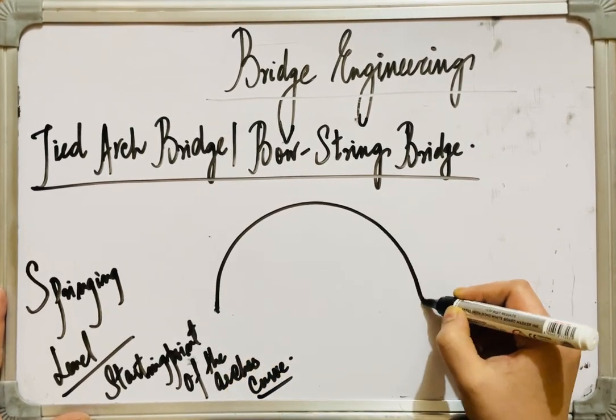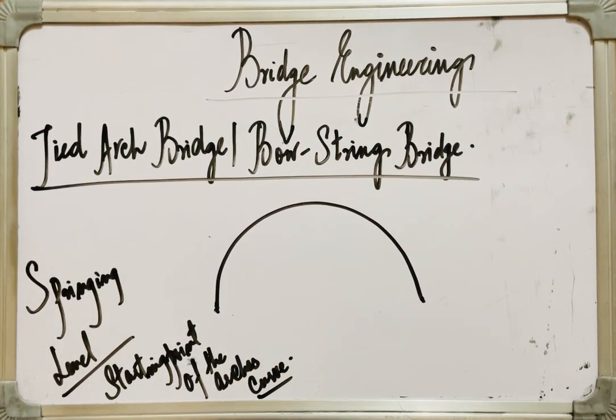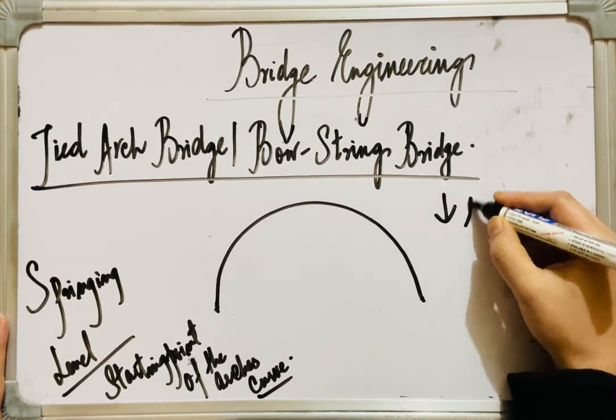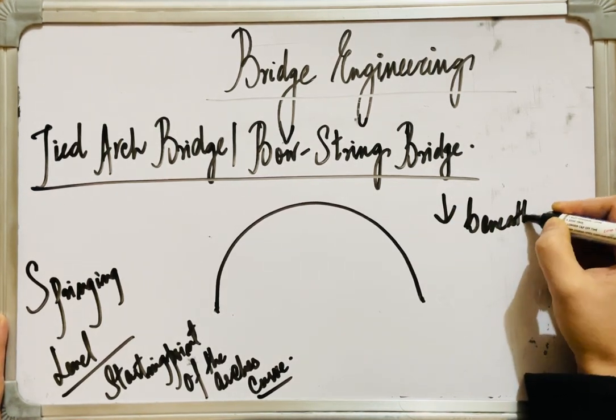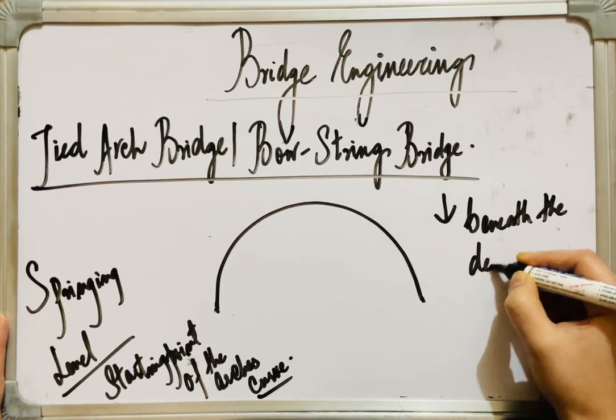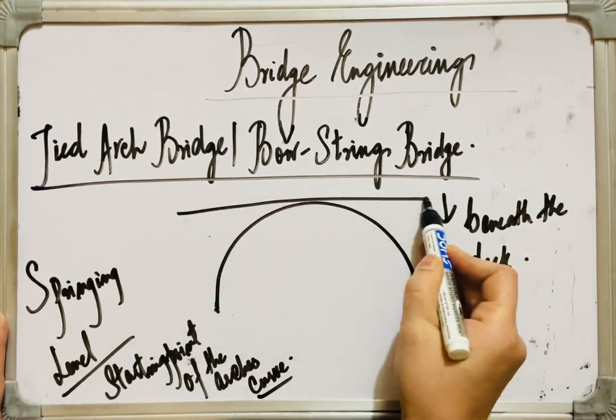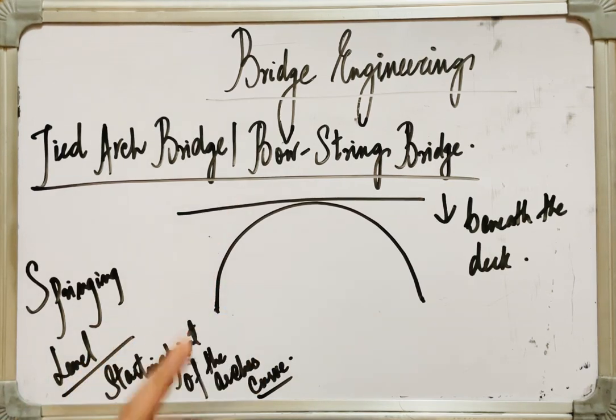So in case of simple arch bridges, these arches were positioned beneath the deck. So the deck used to be here, and the arches which support the deck in case of arch bridges were positioned beneath the deck, be it one arch or more than one arch.